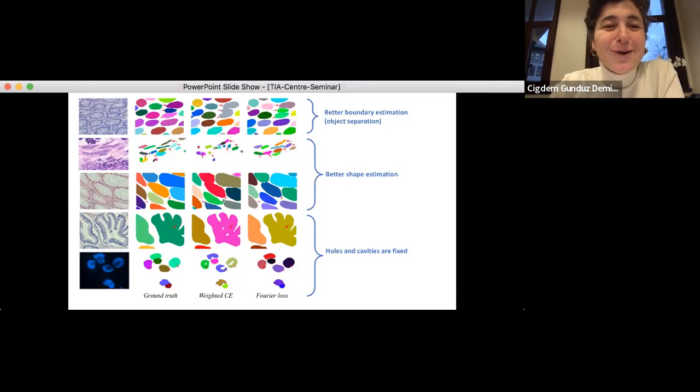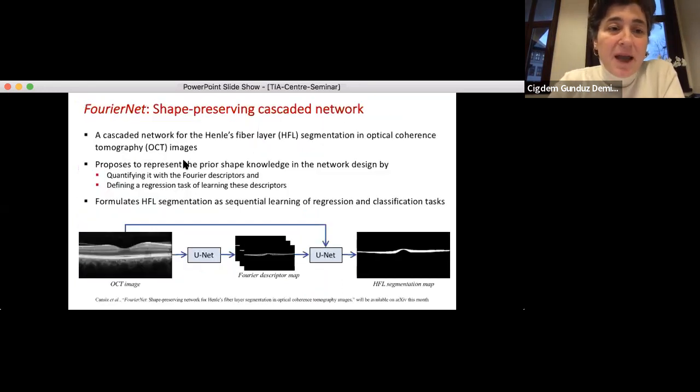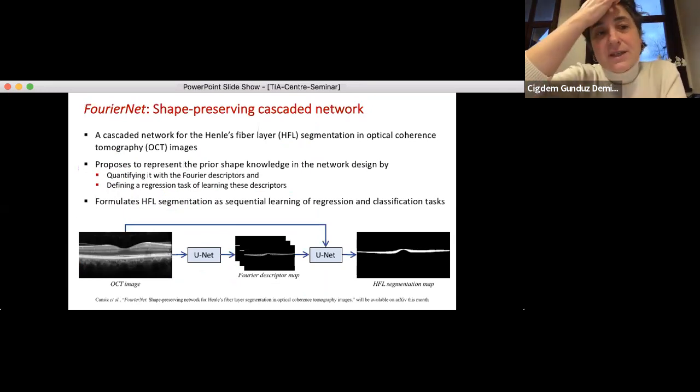We are also working on designing another model, and I would like to show you our most recent model. This design uses Fourier descriptors, but this time to design a new shape-preserving network.